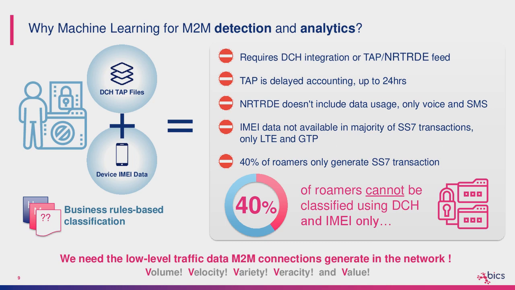When we talk about usage records, I'm talking specifically about TAP, the Transferred Account Procedure, the transferred accounting for roamers at the wholesale level. We're also talking about the near real-time transfer of usage records, NRTRDE, and also in many cases combining TAP and NRTRDE with the device information itself.